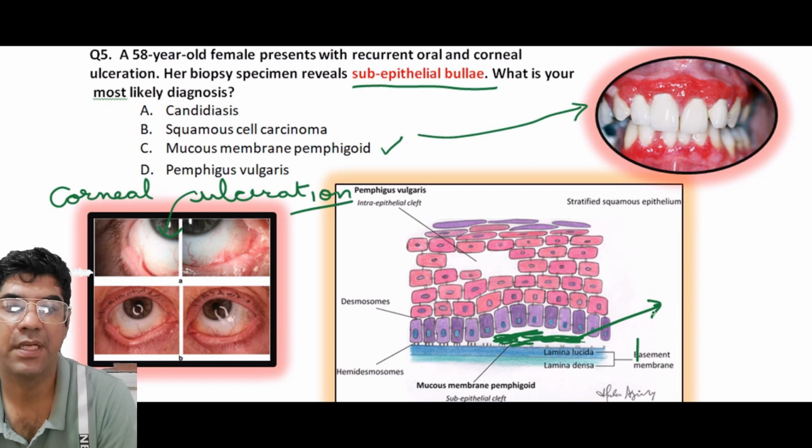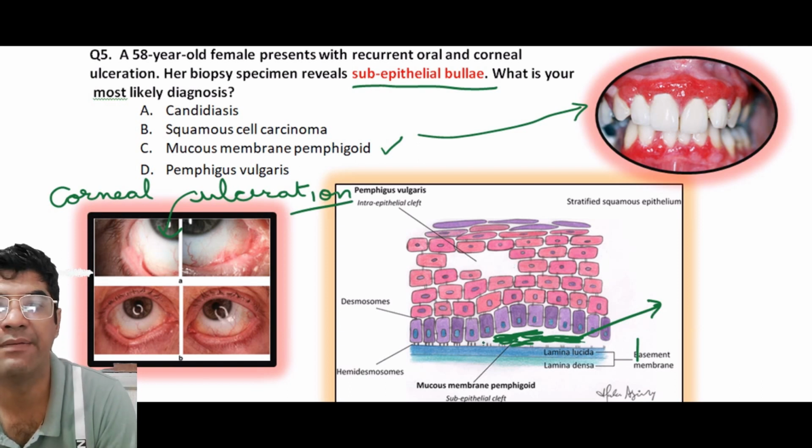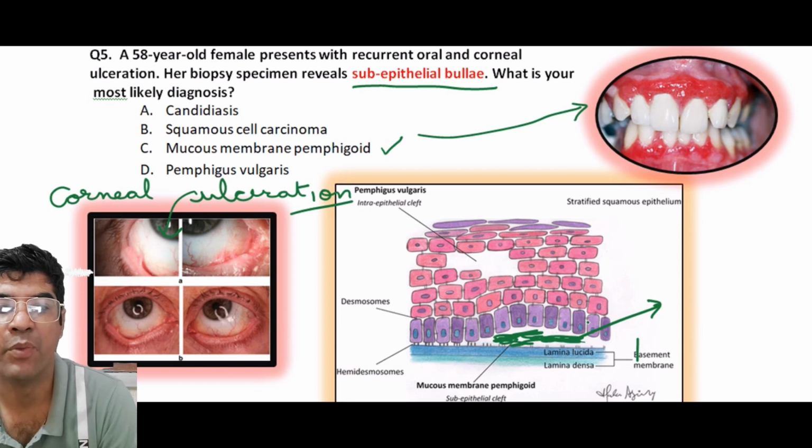In this condition, the autoimmune attack can affect the proteins that hold the epithelial layer to the underlying connective tissue. That leads to separation or a cleft between the epithelium and connective tissue, where bulla formation can occur.